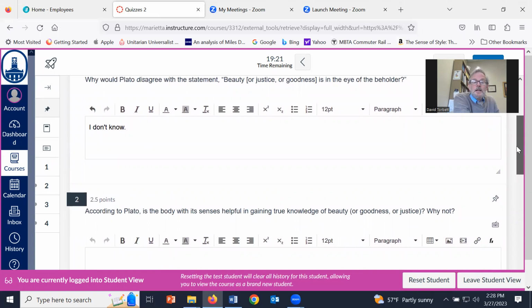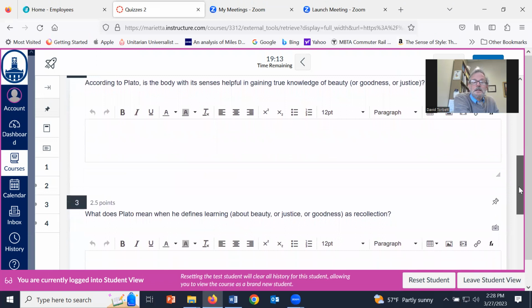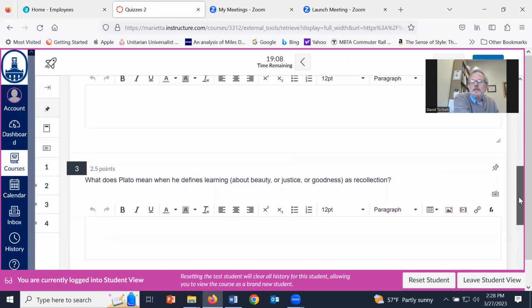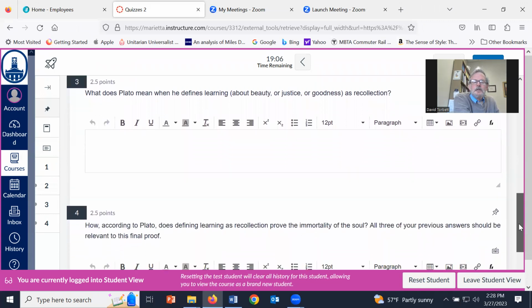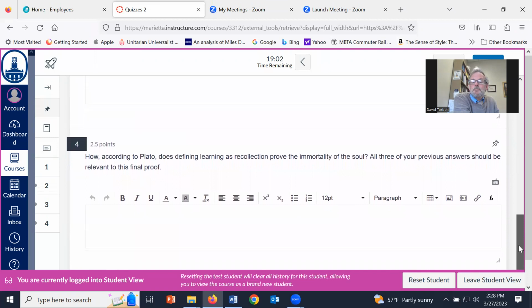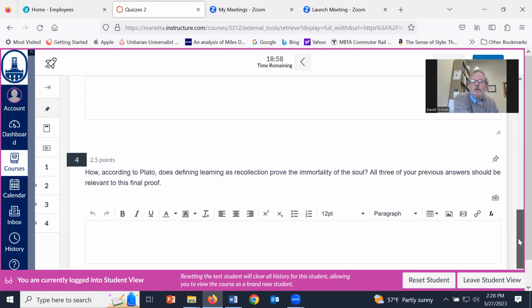The body and the senses, why are they not helpful in gaining knowledge of beauty or goodness or justice, which is relevant to the next idea. Learning about these things is a kind of recollection. And then finally, how does learning by recollection prove the idea of the immortality of the soul?